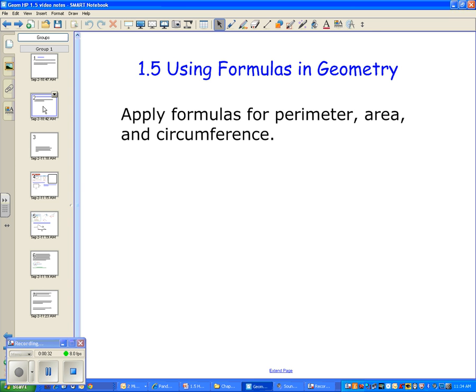So today we're talking about 1.5. It's all about using formulas in geometry, and today we're going to apply formulas for perimeter, area, and circumference. And yes, some of you probably could guess you have learned this before. So you've done this already. It should be pretty easy, but something I've noticed every year is that some students still don't remember how to find the circumference of a circle versus what the area formula is for a circle.